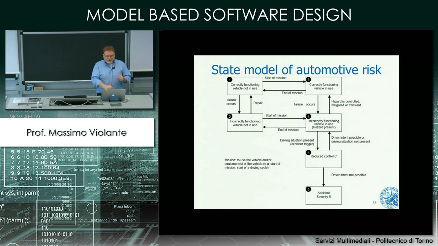So if this is the case, we could have an incorrectly functioning vehicle in use, and then due to the vibration, the connector can again make the proper contact. So the hazard is controlled. The fault could be mitigated, and we have back again a correctly working vehicle in use.